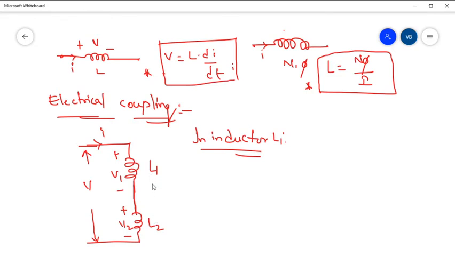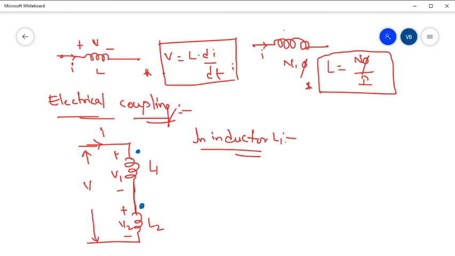Now we can draw the formula for these two, starting with inductor L1. We already know that the voltage V can be written as L into di by dt. Here the current passing through both inductors is the same, that is I. The same current passes through inductor L1 and inductor L2. I am representing this in dot convention to write the mutual inductance.